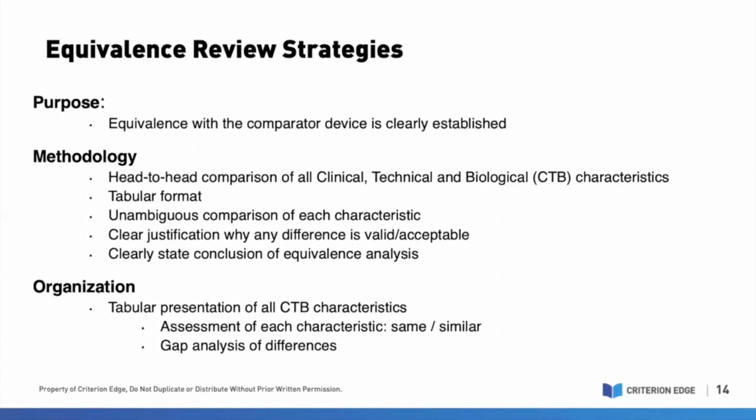Methodology must show the head-to-head comparison of all clinical, technical, and biological, or CTB, characteristics. It should be presented in tabular format. There should be unambiguous comparison of each characteristic and a clear justification why any difference is valid or acceptable. Lastly, in a step that's too frequently overlooked, be sure to clearly state the conclusion of the equivalence analysis.